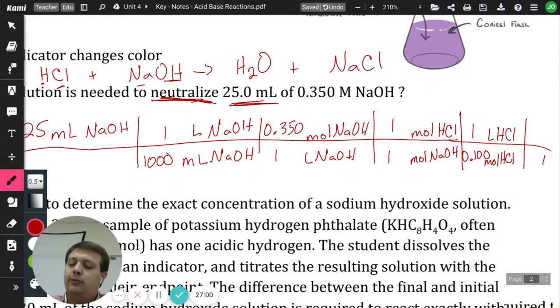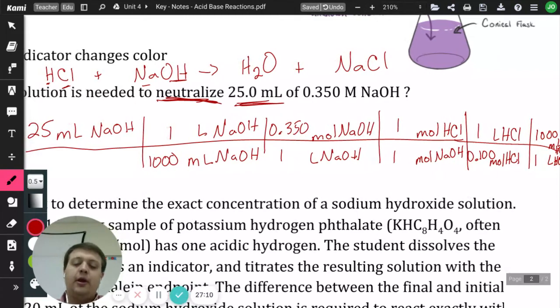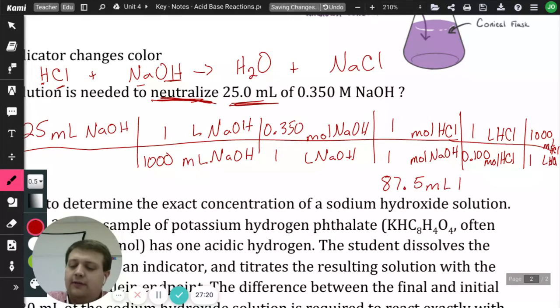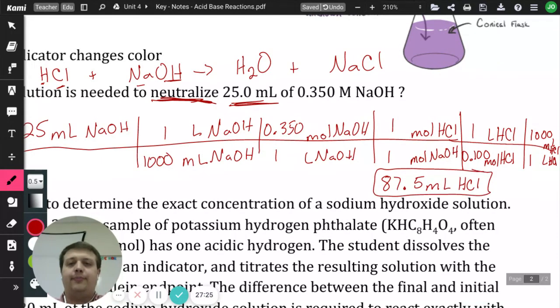So then we would go from liters of HCl into milliliters of HCl, and it's 1 for every 1,000. Okay, so plug that into our calculator, and what we would end up with is 87.5 milliliters of HCl. And then that would be my answer. All right.